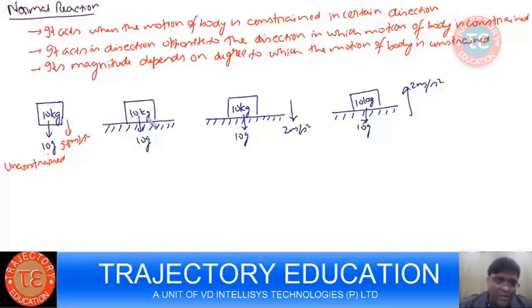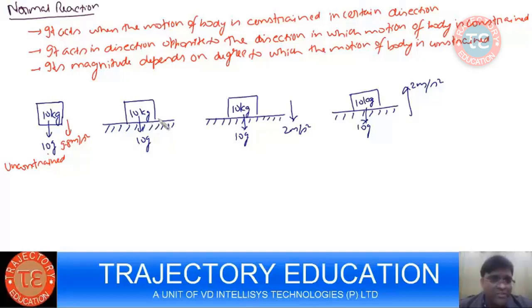Look into this case. The force acting on the body is 10g. Under the action of this 10g force, that is 98 Newton force, this body would have moved with an acceleration of 9.8 meters per second square. But we are finding that this body is at rest. It means the surface is constraining the motion of this 10 kg block.